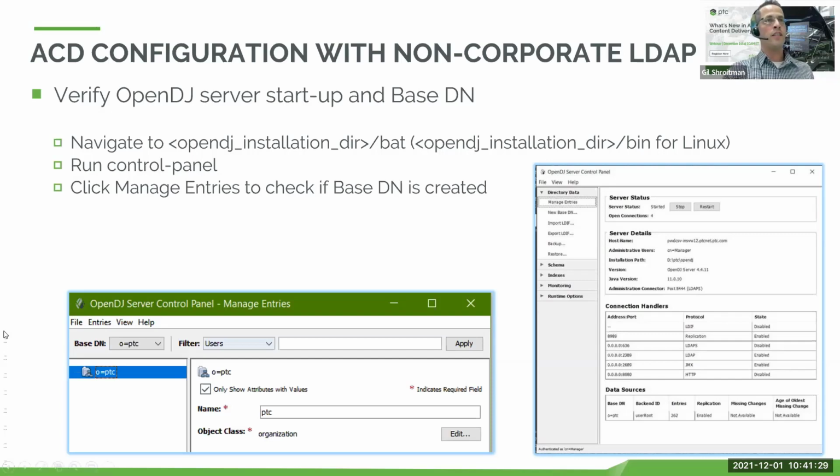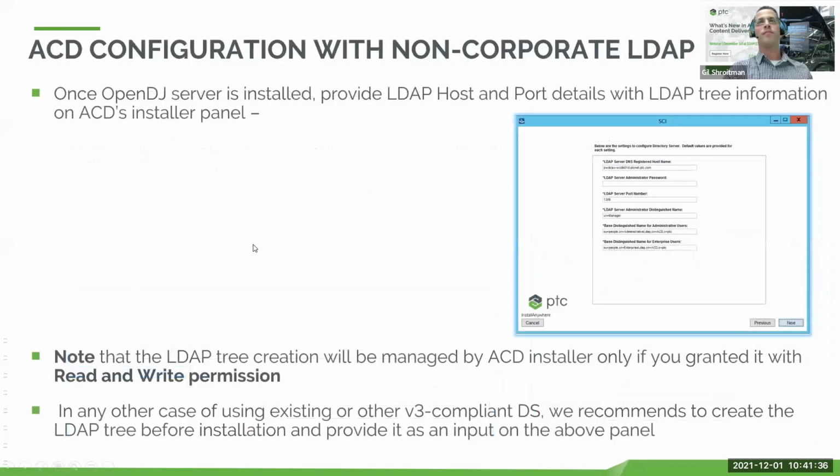You can check it from the manage entries section. Once OpenDJ is installed and configured properly, you need to provide the LDAP host and port details with the LDAP tree information during the installation of ACD itself.